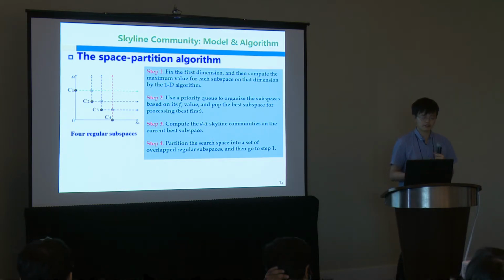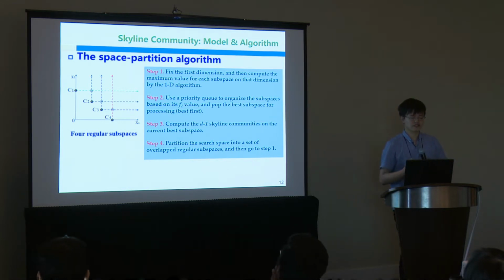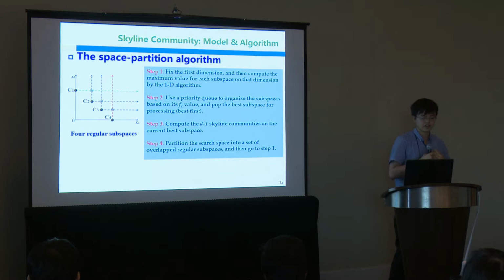When we pop the best subspace, we recursively use our algorithm in D-1 dimension. The final step is that we partition the search space into a set of overlapping regional subspaces, then we go to step 1 and do it recursively.